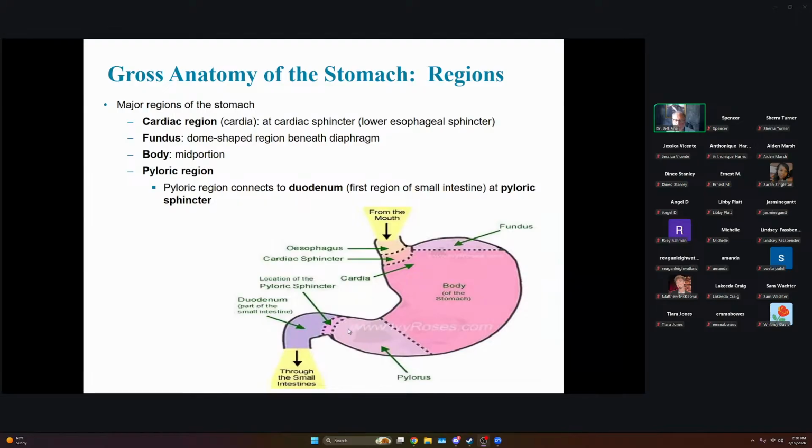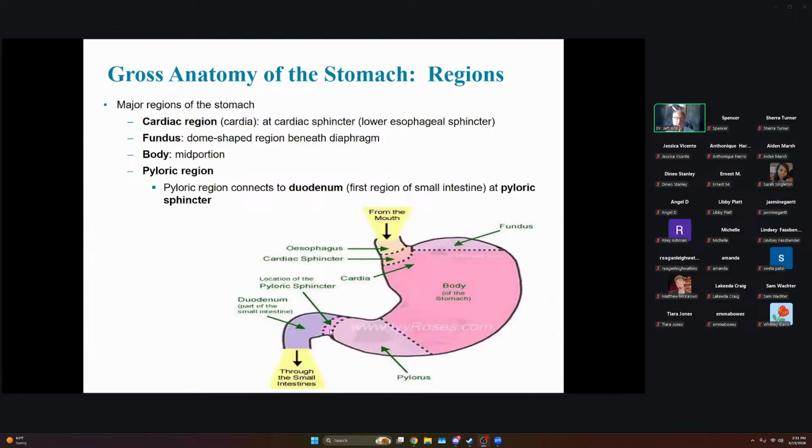And then from the stomach, that chyme is going to get ejected out into the small intestine. And there are three regions of the small intestine that we talked about in lab, the first of which is called the duodenum. And at the junction point between the pyloric region of the stomach and the duodenum, the first segment of the small intestine, is the pyloric sphincter.